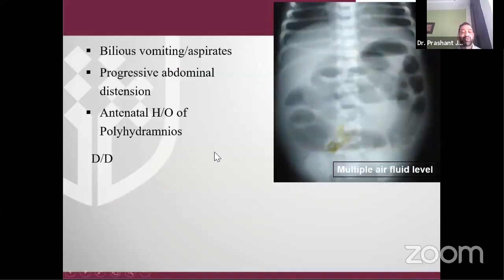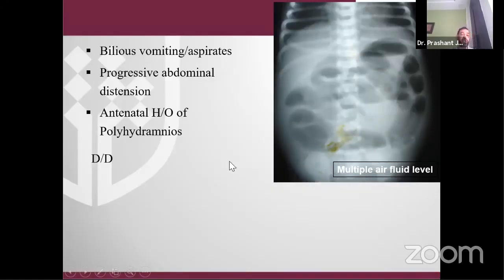Now, sometimes whenever there is a low gastrointestinal obstruction, as I mentioned, abdominal distension will be a more predominant feature. You will see dilated bowel loops occupying almost the whole of the abdomen. There will be multiple air fluid levels seen in the X-ray abdomen, although there is an absence of gas in the pelvis.